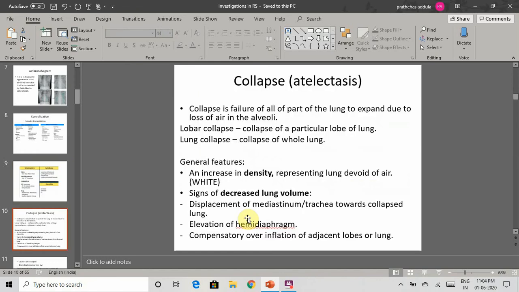Collapse. Collapse is failure of all or part of the lung to expand due to loss of air in the alveoli. It can be lobar collapse, collapse of a particular lobe of the lung, or lung collapse, where the whole lung collapses. General features: an increase in density representing lung devoid of air, white. Signs of decreased lung volume with displacement of the mediastinum and trachea towards the collapsed lung, elevation of the hemidiaphragm and compensatory overinflation of adjacent lobes or lung.